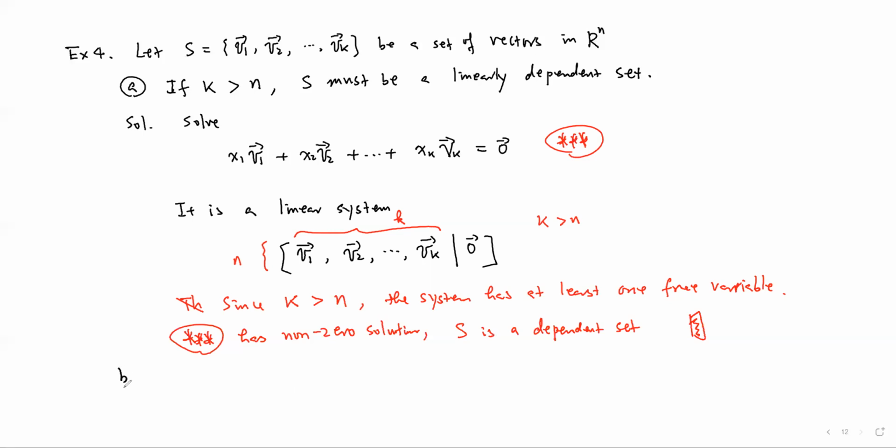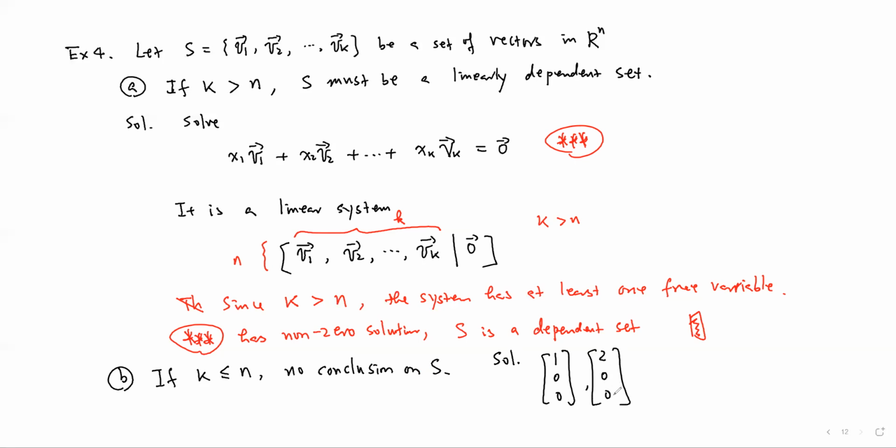B. If k is less than or equal to n, then no conclusion on S. S can be dependent, can be independent. Say, for example, let me pick some examples. Say 1, 0, 0 and 2, 0, 0.